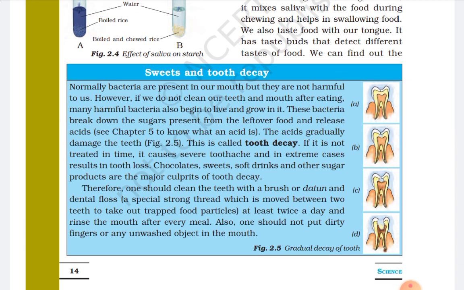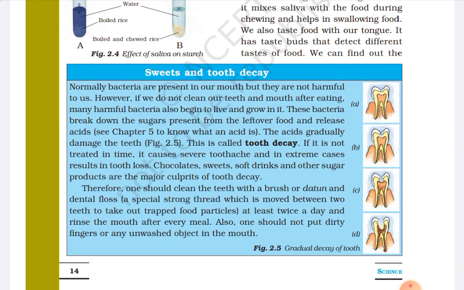The bacteria break down the sugar present in the leftover food and release acids. So when we eat food, the starch becomes sugar, and some sugar is left on the tooth; the bacteria feed on it and release some acid.